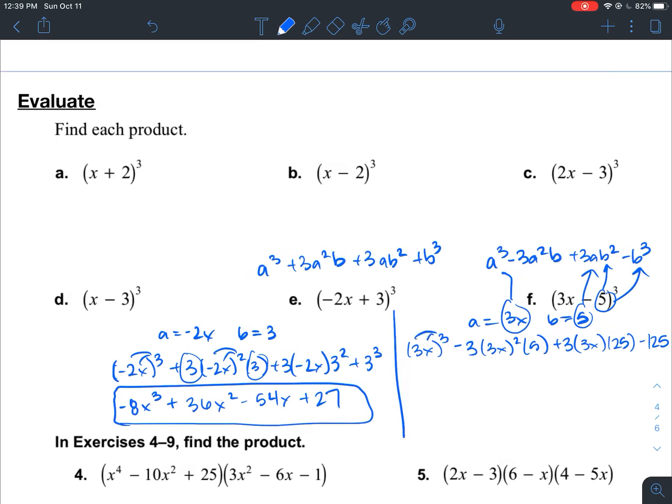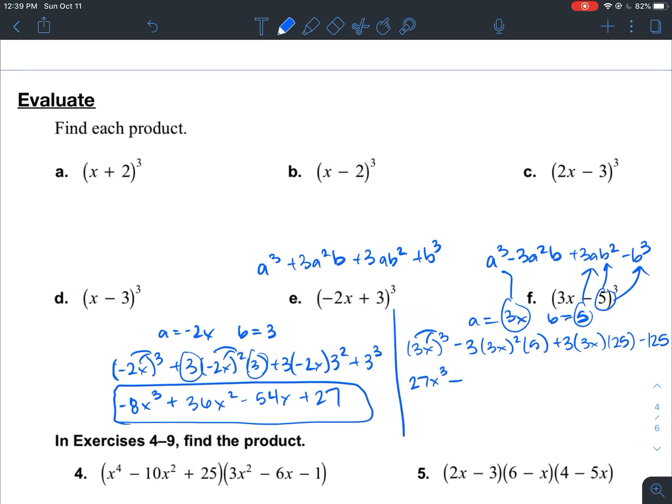So again, the 3 and the x are being cubed, so that's going to be 27x cubed minus the 3 is being squared and the x is being squared, so it's going to be 9 times 3, which is 27, and 27 times 5.